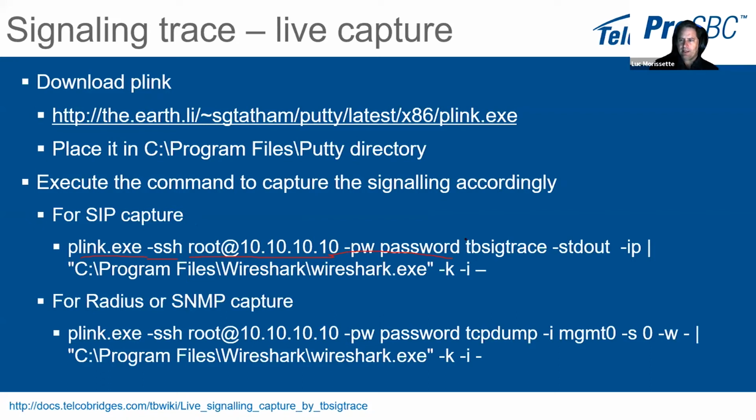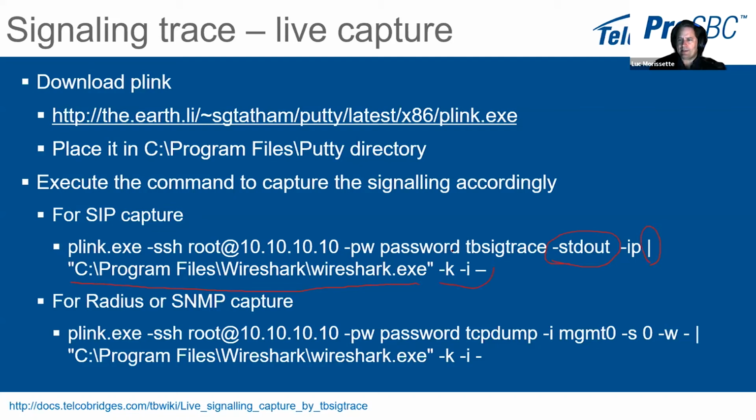Then you start the TB-SIG-trace application. And here, you see, there's an additional parameter to TB-SIG-trace, meaning stdout. That means send it to the incoming console. And then you pipe it and you specify the path of your Wireshark application.